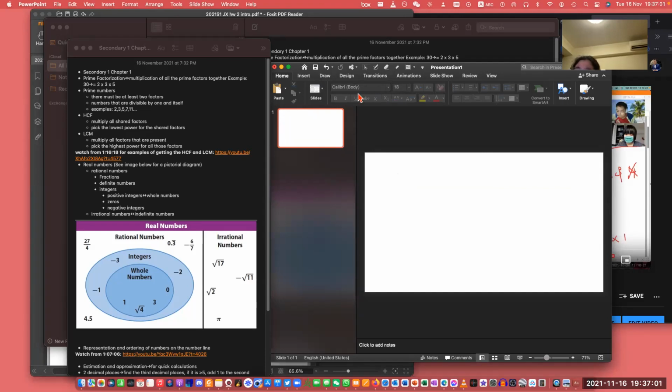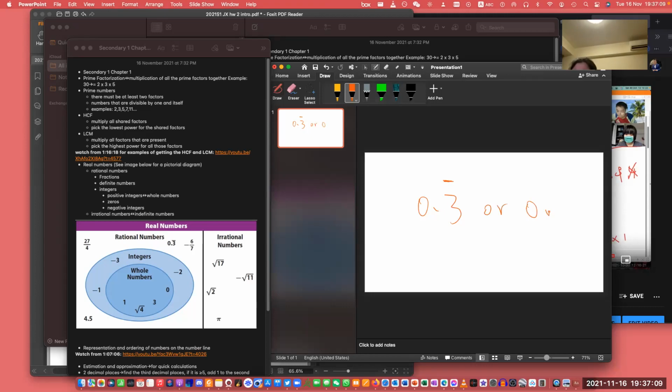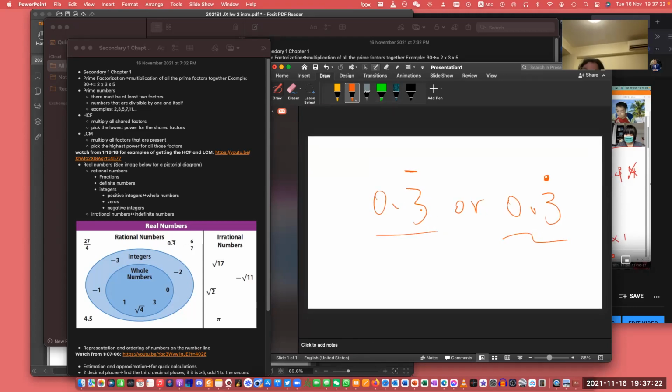There is this funny 0.3, and then there is something above. Or actually, you could have written it this way as well, with a dot above. Do you know the meaning of this? Either of these?